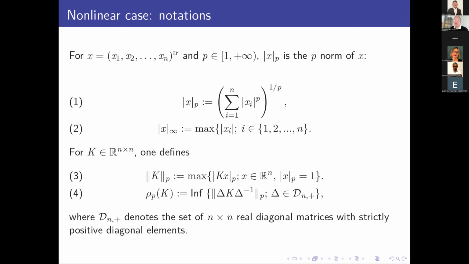And then you define rho P of k, which is the infimum of the P norm of delta k delta^-1, where delta describes the set of diagonal matrices with positive entries on the diagonal. So this is some number which depends on k. K is going to be g prime of 0 because we are going to linearize the system. And so the condition will be on g prime of 0.